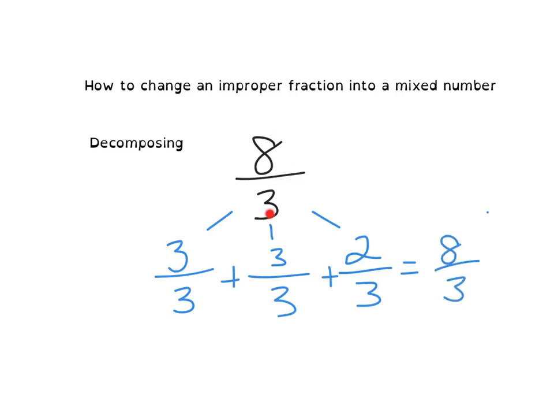And all I did was decompose this by pulling out whole fractions. And this one just happens to be what's left to make the 8. And when I look at these decomposed fractions, I can start counting up how many wholes I brought out. I brought out 1, 2 wholes, that would be my 2 whole, and 2/3 remaining.